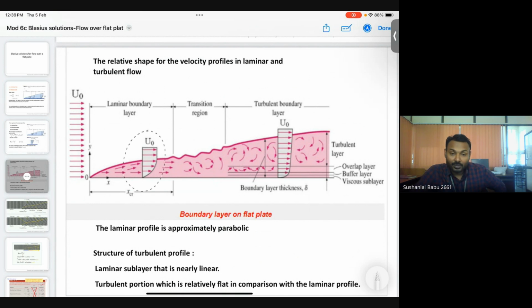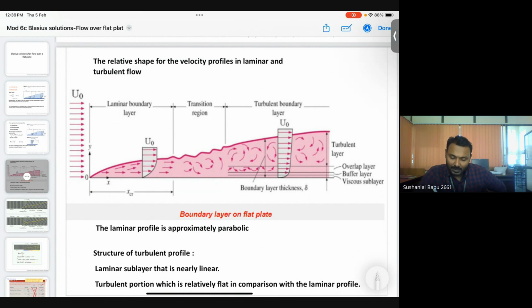Within the laminar boundary layer, the profile will be parabolic in nature, but within the turbulent boundary layer, the profile will be logarithmic in nature. Very near to the solid surface, there are subdivisions of the layers, which we call the viscous sublayer, very close to the wall, then the buffer layer, then the overlap layer.